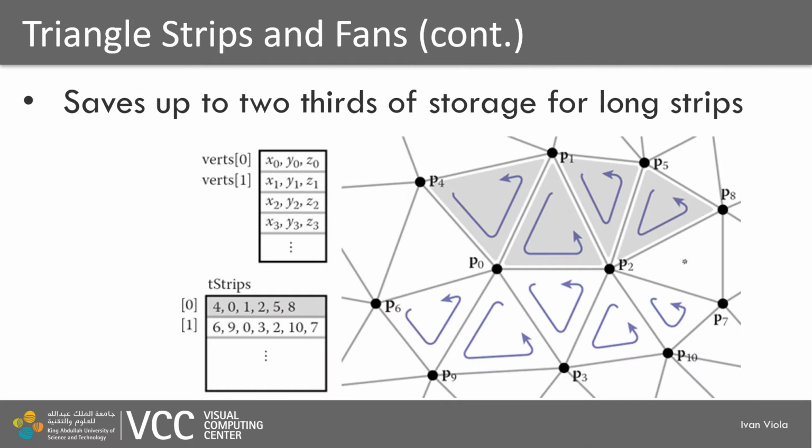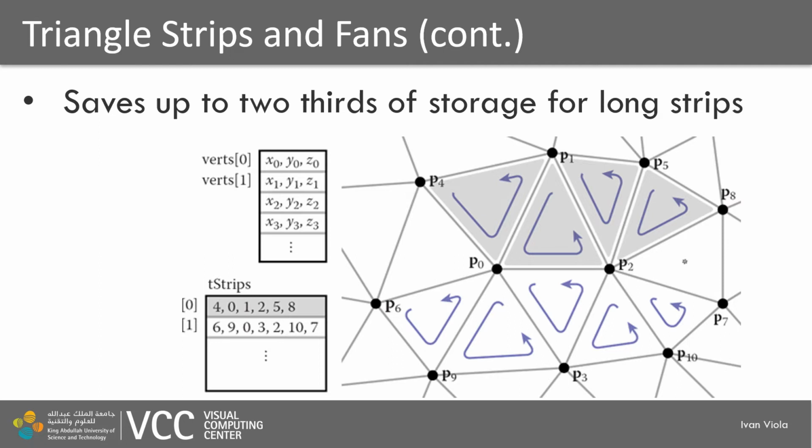While this might look like some unnecessary optimization, where the memory will be saved after only very long strips or fans, this is actually not the case. Already for having 3, 4, or 5 triangles organized in a fan will save us approximately half of the storage.